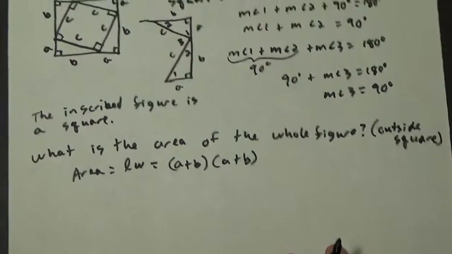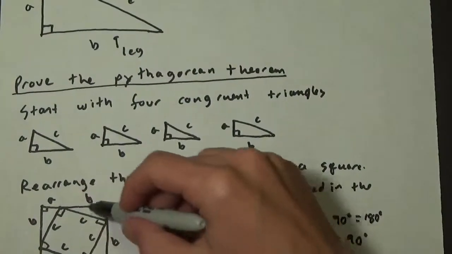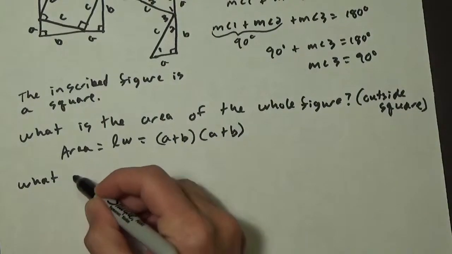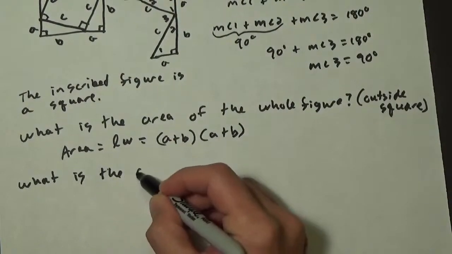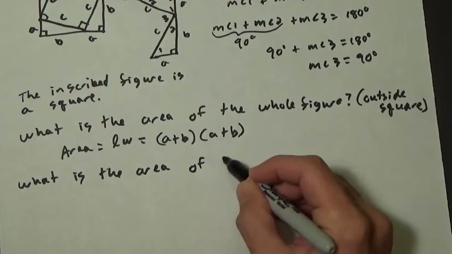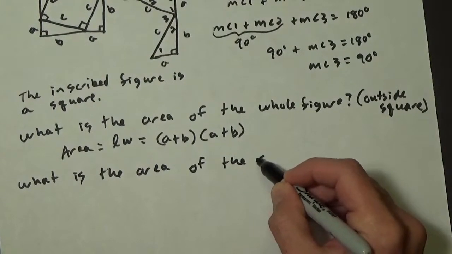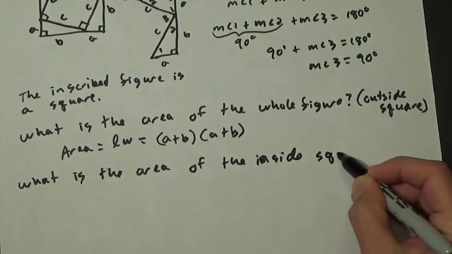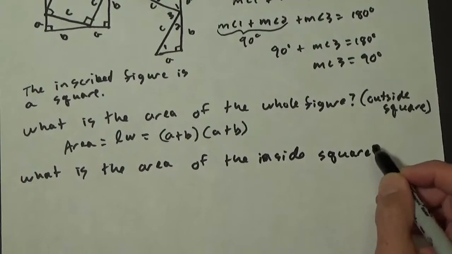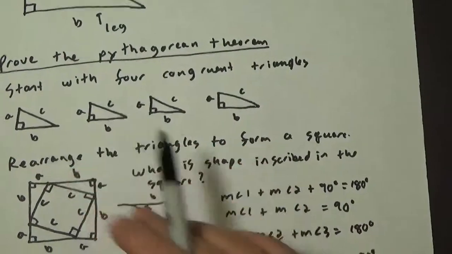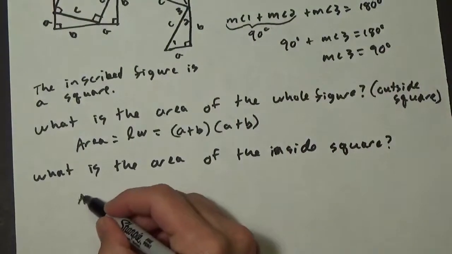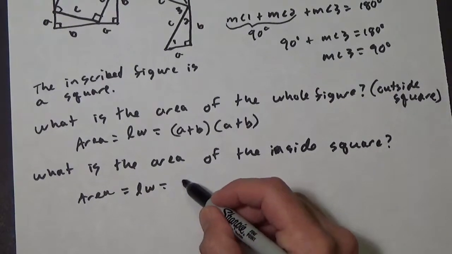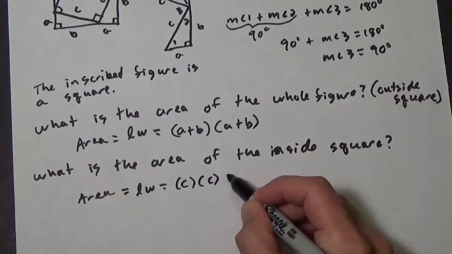Okay, so then what is the area of this inside square? Well, in this case, the area of the inside square, so area is length times width, which is c times c, or c squared.